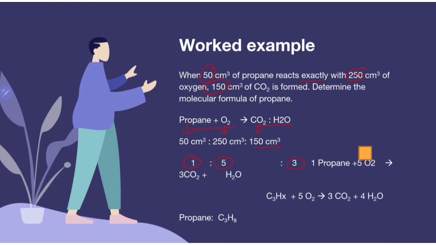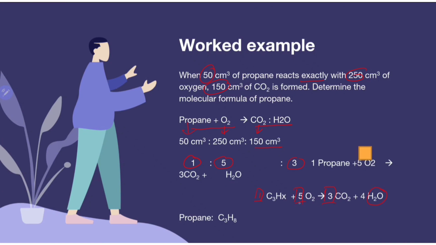So 1 molecule or 1 mole will react with 5, producing 3 mole. If 1 molecule reacts with 5 molecules, producing 3 molecules. So we have the coefficients here, but we don't know the number of hydrogen and the number of water.